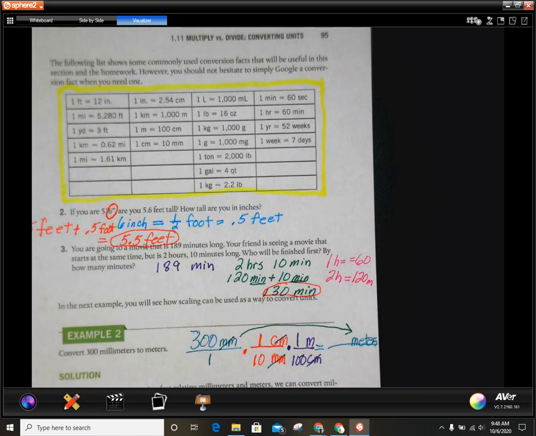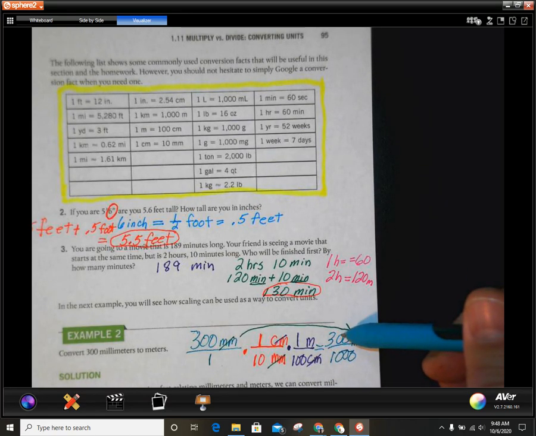All I have to do now is multiply 300 times 1 times 1. I get 300 meters, and multiply 10 times 100 is 1,000.